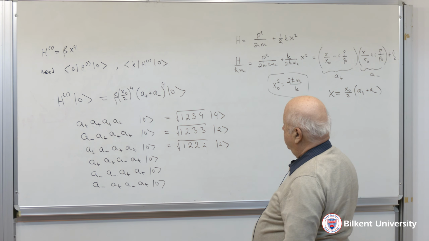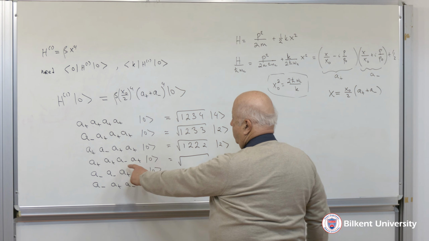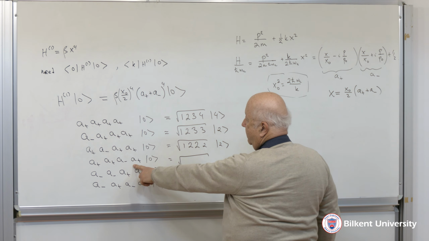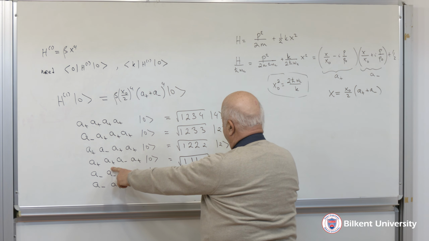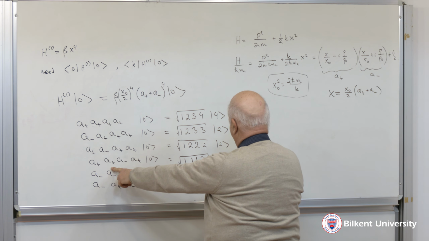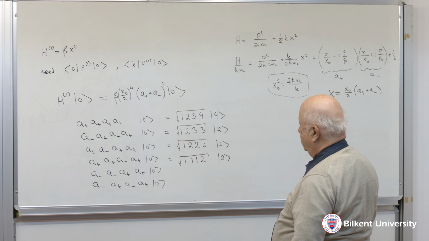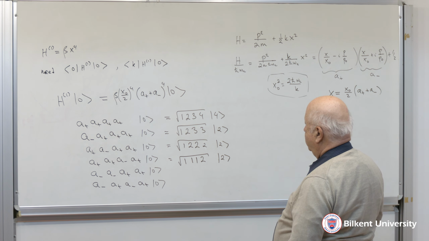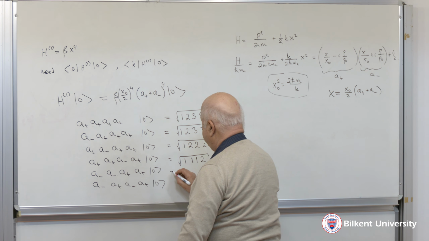So, what about here? 1, 1, 1, 1, 2. 1, 1 again, and 2. Okay, root 2 again. And what else? These are now 2 plus and 2 minuses, so they are going to give me zeros.